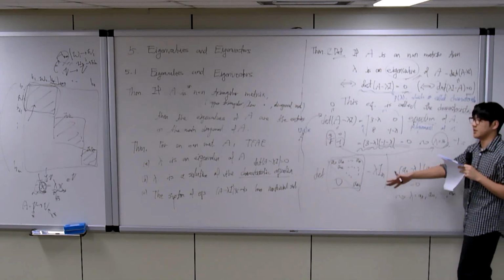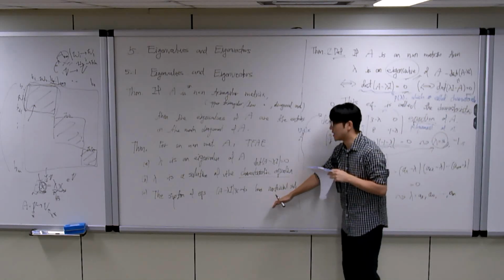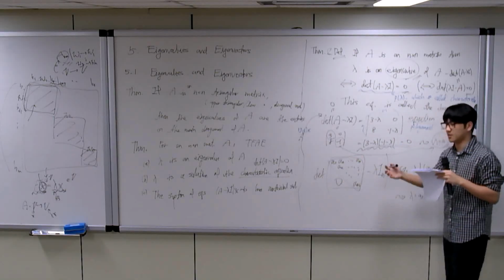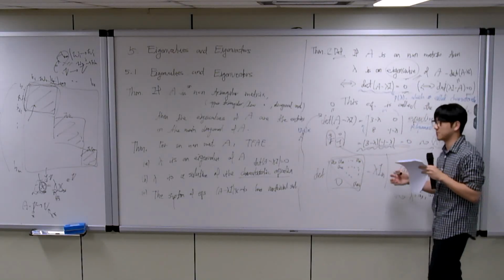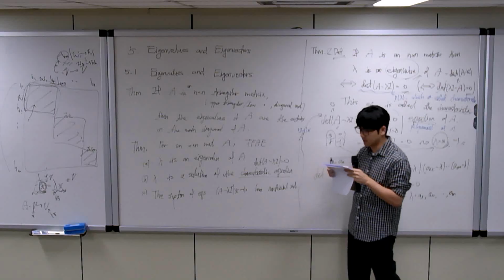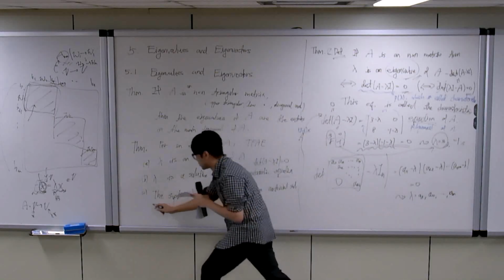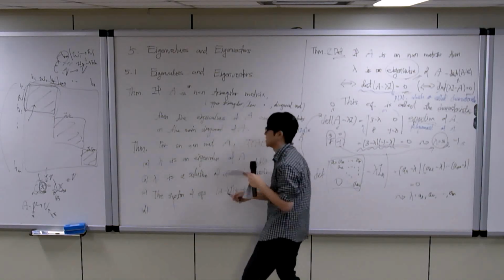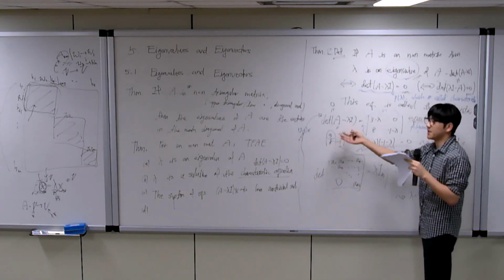The linear system should have a non-zero vector as a solution, and this is also the same as having eigenvalues.